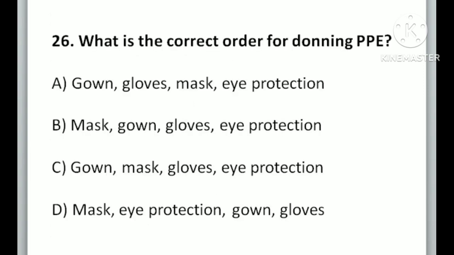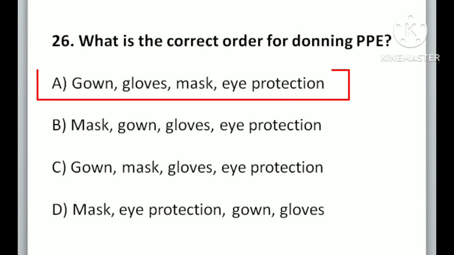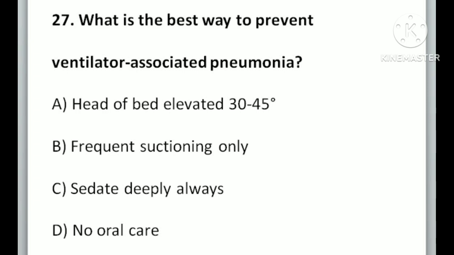26. What is the correct order for donning PPE? Correct option is A. Gown, gloves, mask, eye protection. 27. What is the best way to prevent ventilator-associated pneumonia?